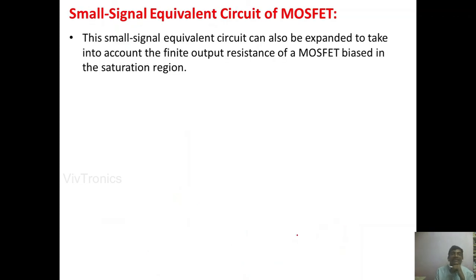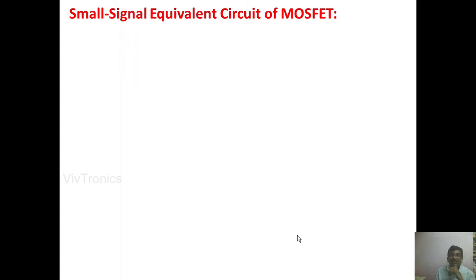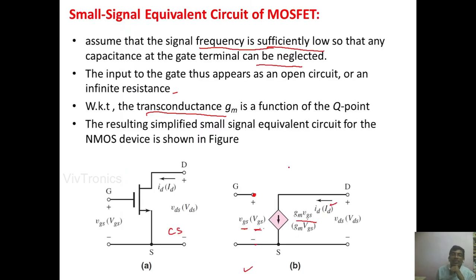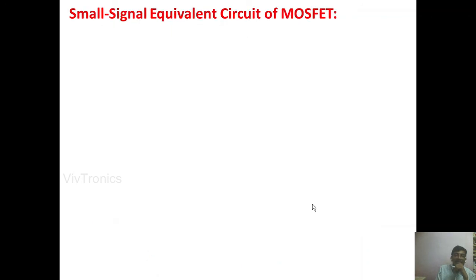Let us see how the small signal equivalent circuit can also be expanded to take into account the finite output resistance. Here we assumed that the output resistance is very large, an infinite output resistance, so we haven't shown any components at the output side like resistors.